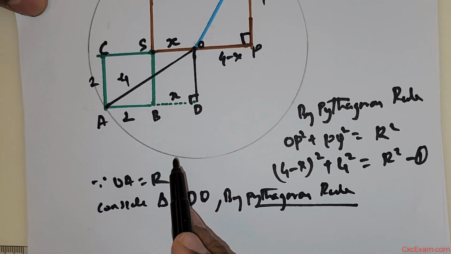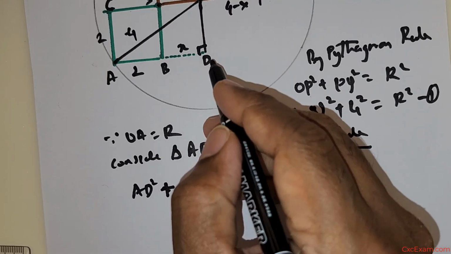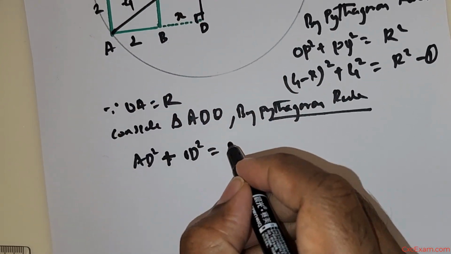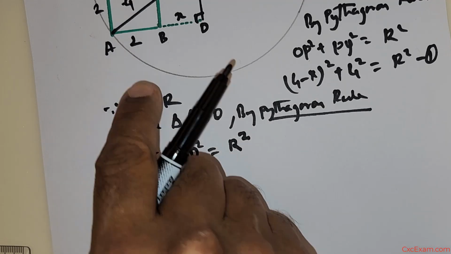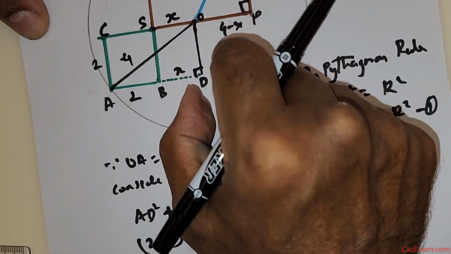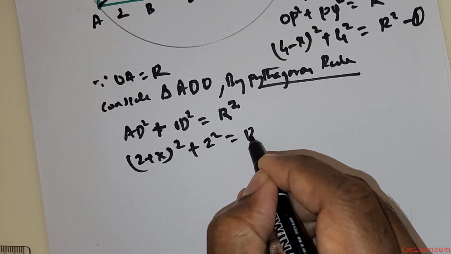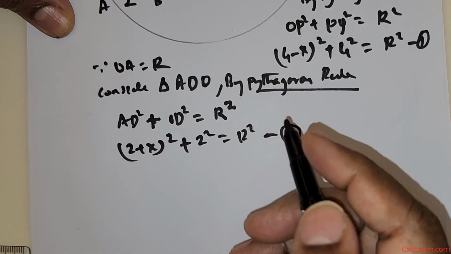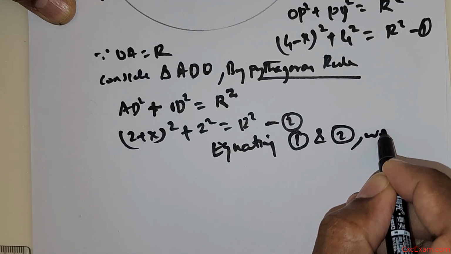You have AD squared added with OD squared is equal to R squared. So this is going to be (2 plus x) the whole squared plus OD squared. Now this length is 2 units, so this length will also be 2 units. So this is 2 squared is equal to R squared. I'm going to take this as equation 2. I can equate 1 with 2.